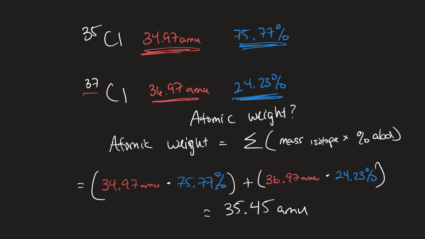And so that's the average atomic mass for chlorine. And as I said, you can go on the periodic table, but just make sure your answer is really, really close to what we have here. So this is how you calculate average atomic mass.